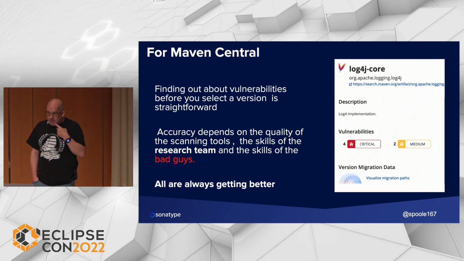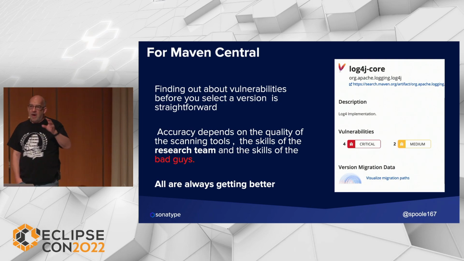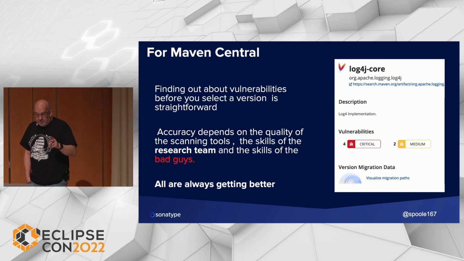Okay. In general, though, putting aside Maven Central, the challenge for us is that the ability for you to work out whether you have a vulnerability is based on two things. It's based on the scanning tools that you buy or you use, and it's based on the data.